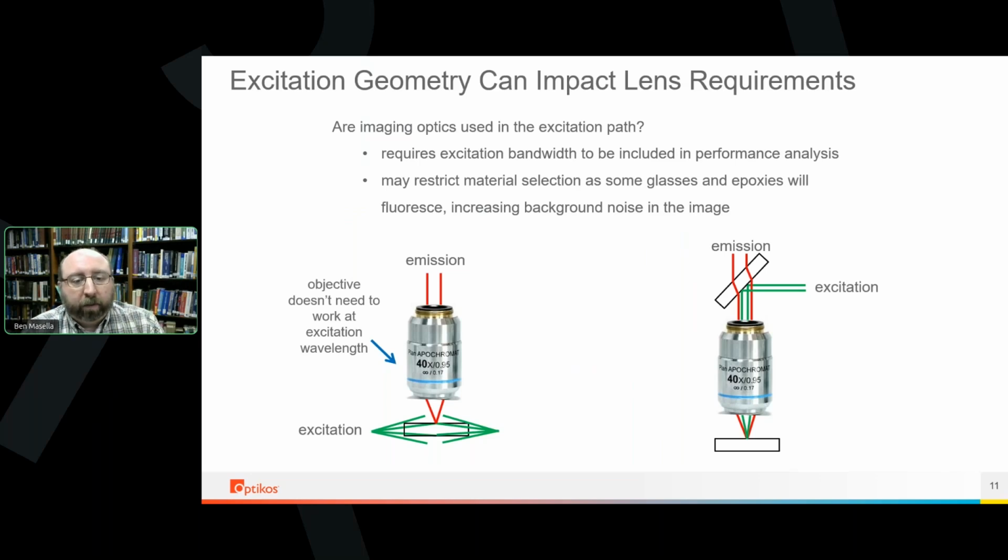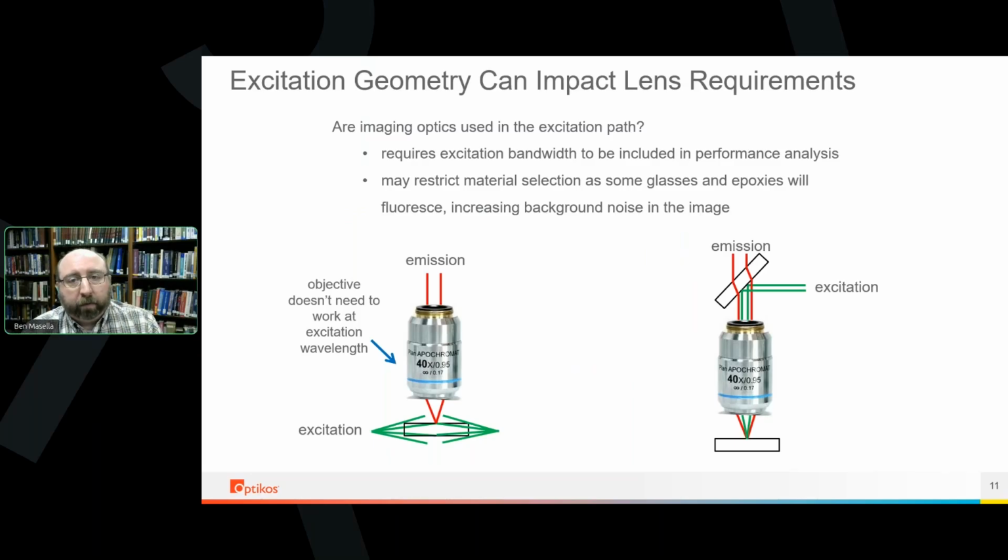As opposed to, for example, on the bottom left here, if you have an excitation source that is not passing through an objective, that objective doesn't need to perform at that wavelength because it'll be blocked by the filter. It's not going to impact the imaging of the emission.